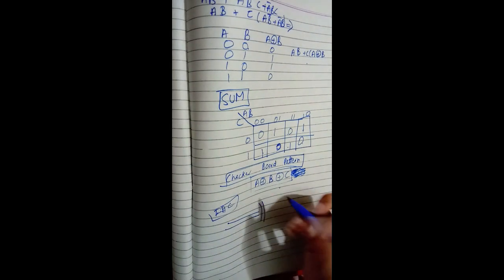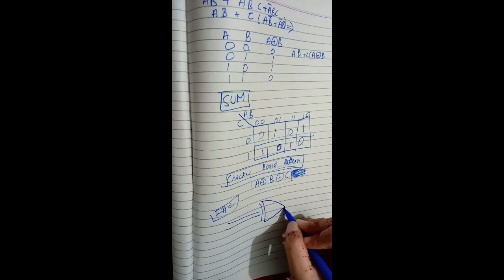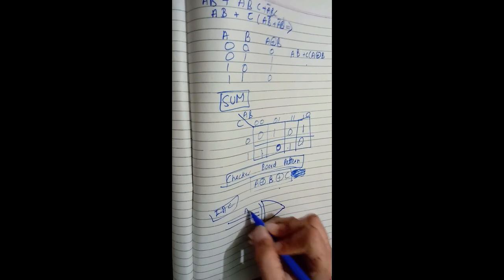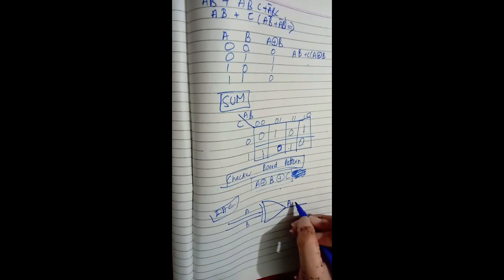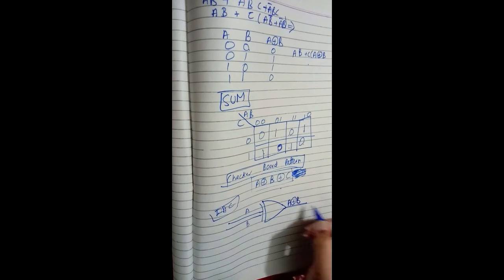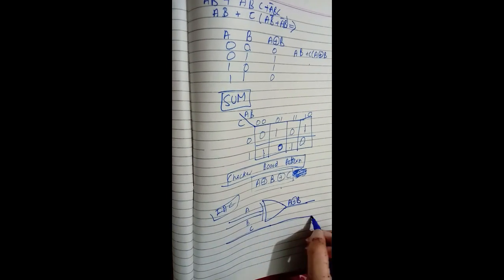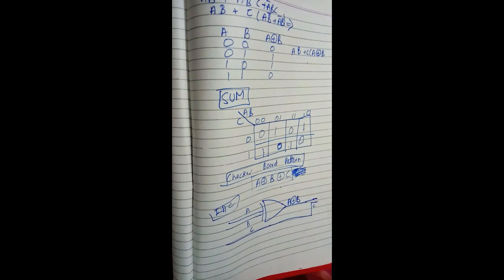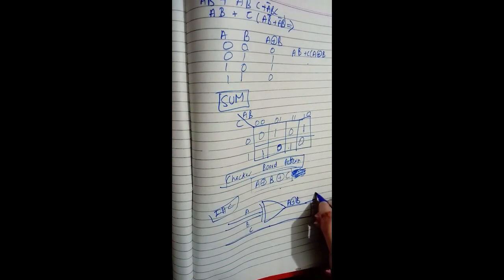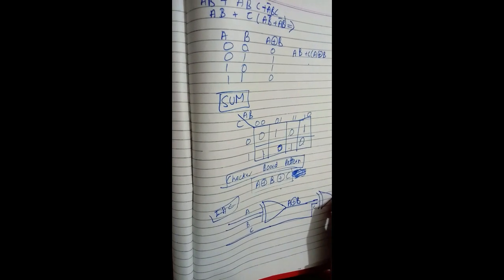But first we are doing the sum, so A XOR B, we will have A XOR B. Now we will add the C in it, like this. 2 wires, this is C, this will be A XOR B XOR C.